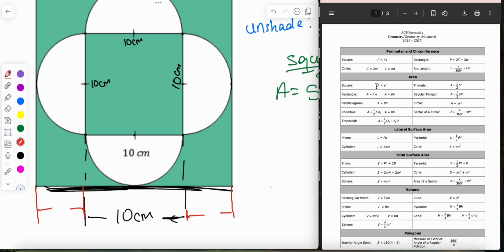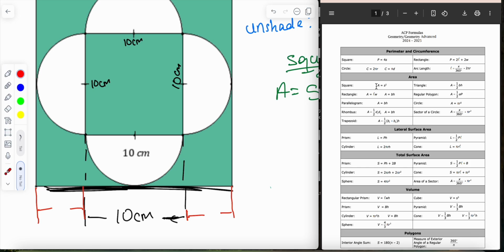Now, the length of all of this is 10 centimeters, and you can see the semicircle that is attached to it. So therefore right here would be the center of that semicircle.